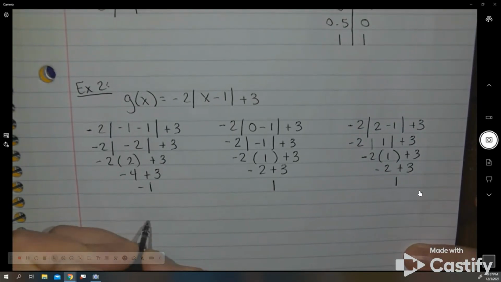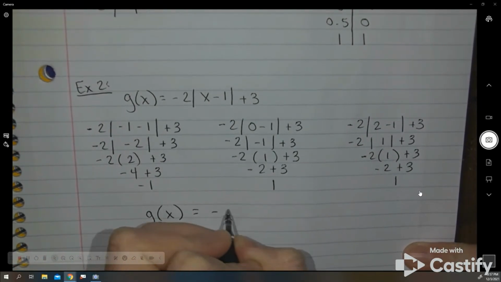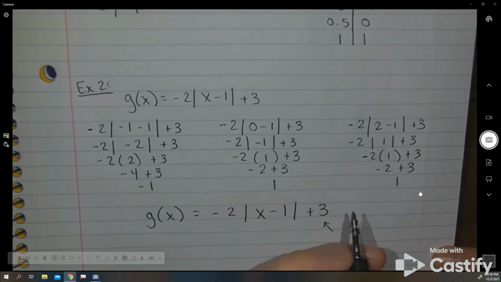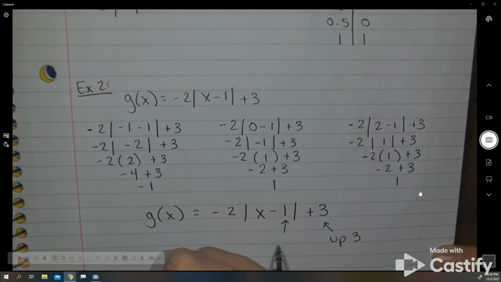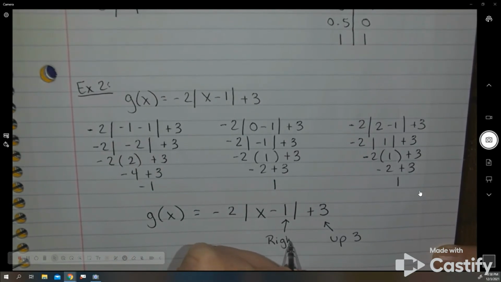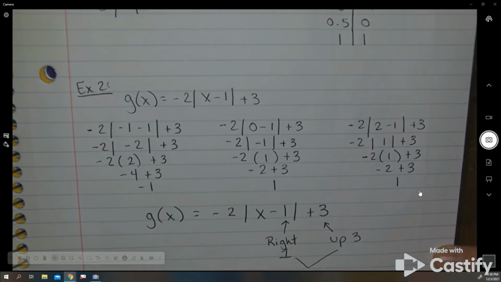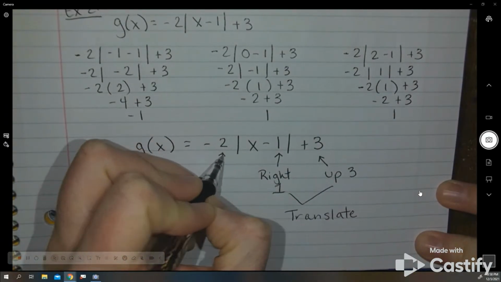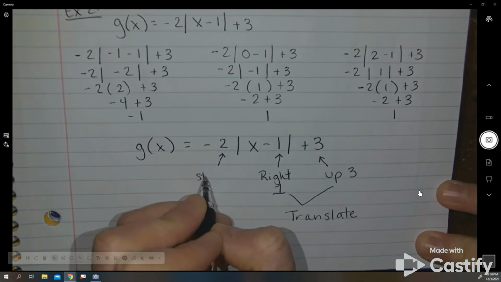So when you look at that function that we had originally, the minus 1 and plus 3: this plus 3 is the reason that we translated it up 3 spaces. This minus 1 is the reason that we translated it right 1 space. So these we talked about being translations. And this 2 is the reason we had a vertical stretch.